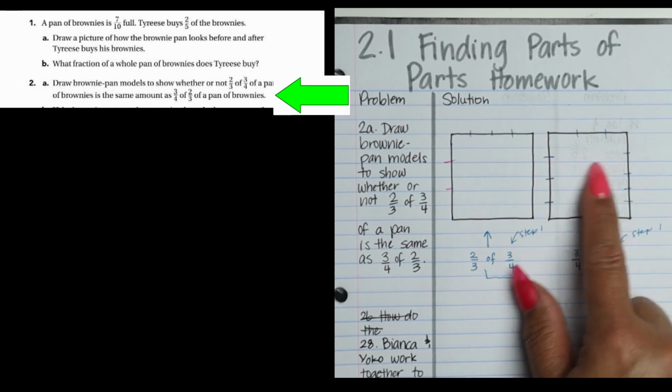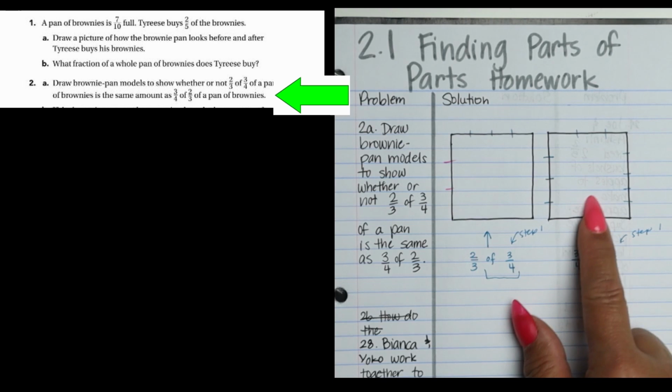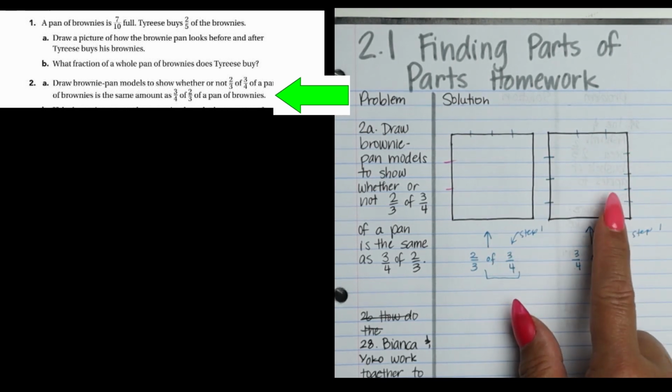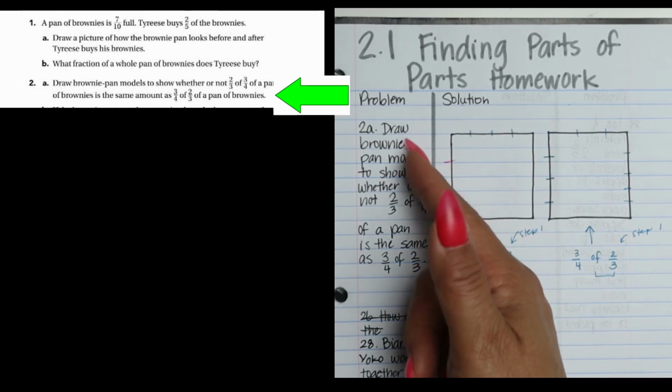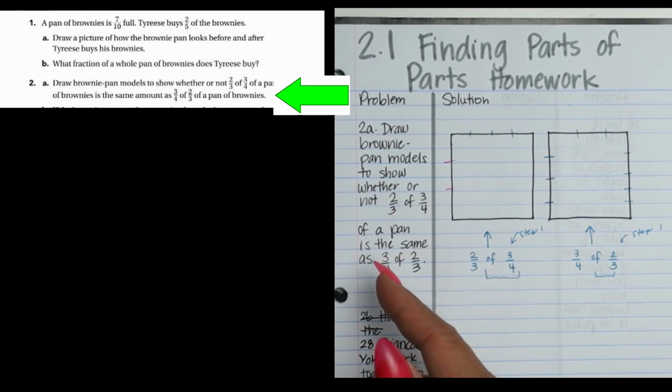I'm going to mark my lines and shade that in up to the 2/3 line. You should have blank spaces here and here. So after you're done, are they the same? The only thing you have to do is draw the brownie pan and show whether or not 2/3 of 3/4 is the same or not the same as 3/4 of 2/3. There's nothing else to do.